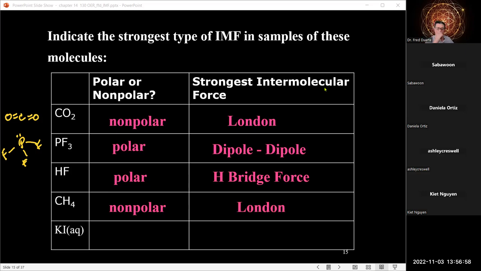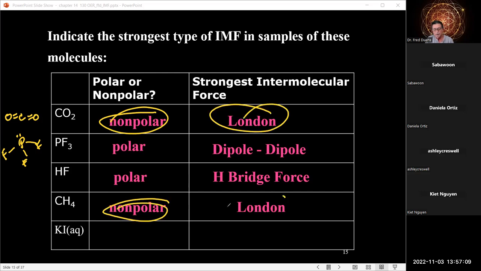Okay. So before we go on, keep this in mind. In both cases where we had nonpolar compounds, obviously we ended up with two nonpolars, but the difference is this. CO2 is an example of a nonpolar species with polar bonds.